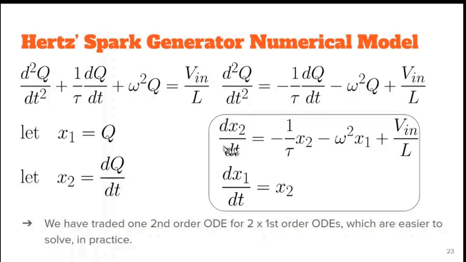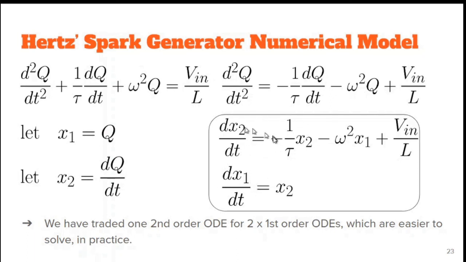So this can be rewritten as dx2/dt is equal to what we have over here, which is minus 1 over tau times dQ/dt, which is x2, again looking at the definition, minus omega squared times Q, which is x1, plus Vn over L. And then the corresponding derivative of x1 with respect to t is actually just equal to x2, which is what we have here. We're just rewriting this equation. So dQ/dt, which is dx1/dt, is equal to x2. That's this second equation. So we actually have two equations.